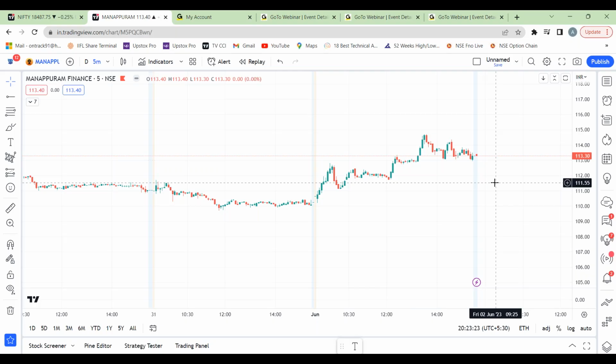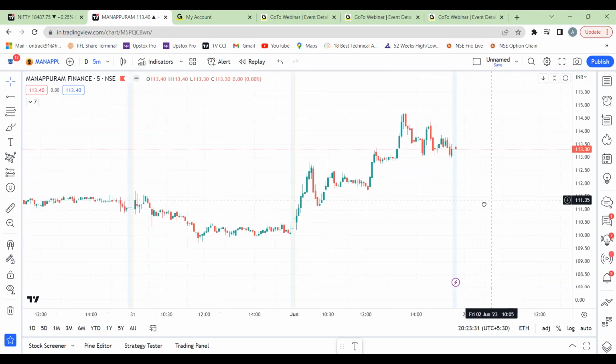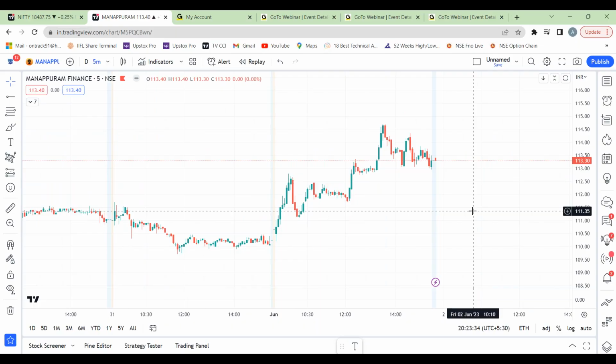Once you master, then you can go on to smaller time frame. That will give you more confidence and quicker entries into trades. So as of now, I would suggest you follow 5-minute time frame for intraday trading. Get used to this first.